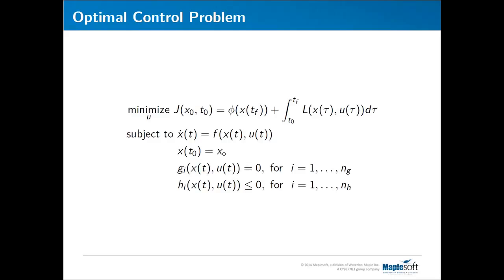The constraints for this optimization problem are the system's dynamic equations plus a set of equality constraints defined by g_i as a function of states and inputs, and also a set of inequality constraints on states and inputs defined by h_i.